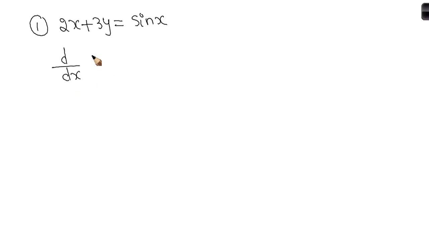Find the derivative, first question, find the derivative of 2x plus 3y is equal to sin x. So the first step would be differentiating both sides with respect to x. So d by dx of 2x plus 3y is equal to d by dx of sin x.